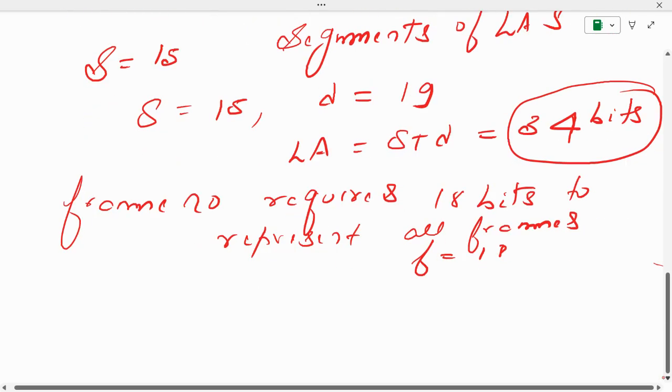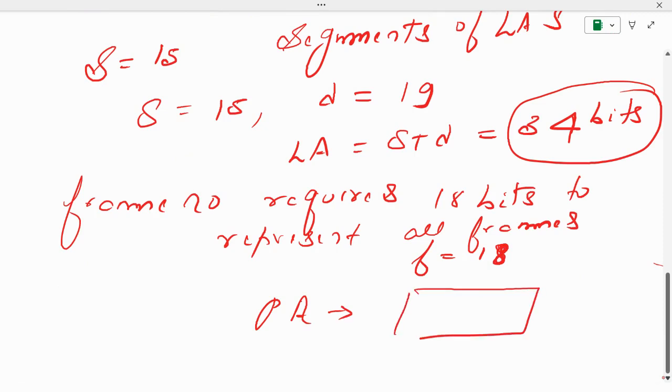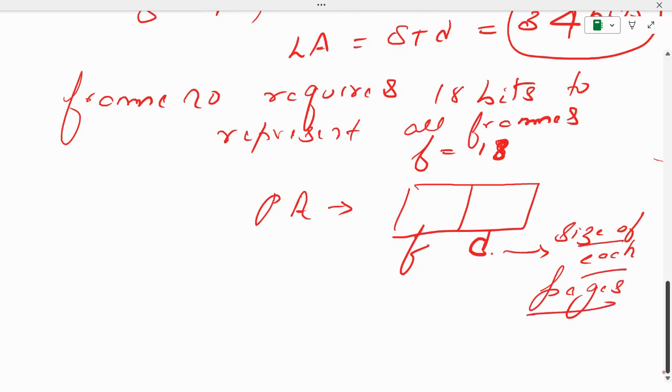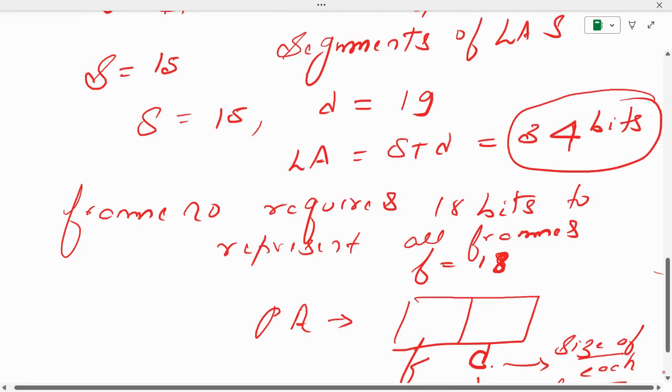And now the question is what the physical address is. The physical address constitutes these frame bits and d, which is the size of each page of the segment, because here we are not bringing the segment, we are bringing the pages of the segment, that is d equal to d1. D is nothing but d1, please note.